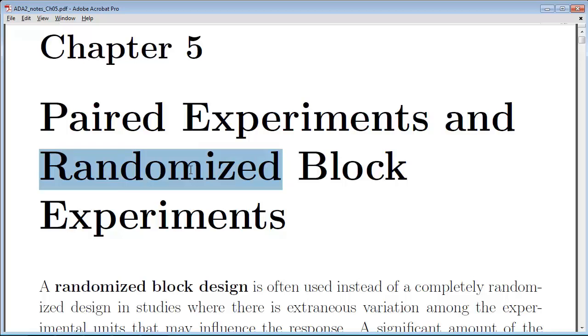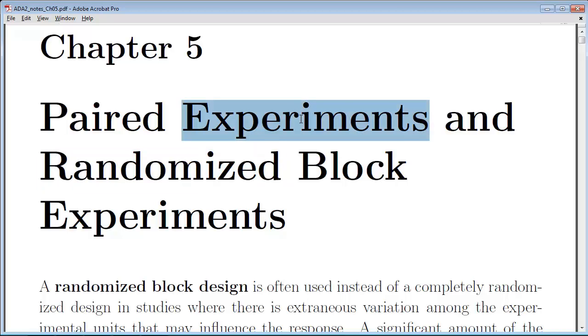So it's the same analysis of variance hypothesis, but the difference is how we're taking those observations. In this case, we are now randomizing observational units to each treatment to observe that response, and that's the experiment.